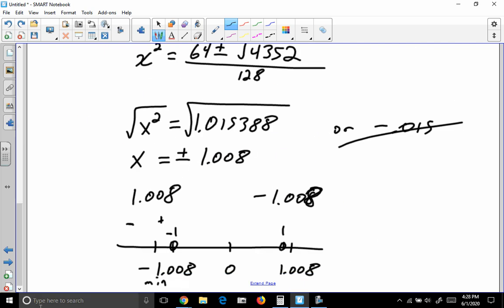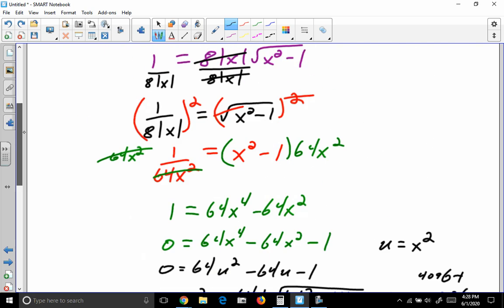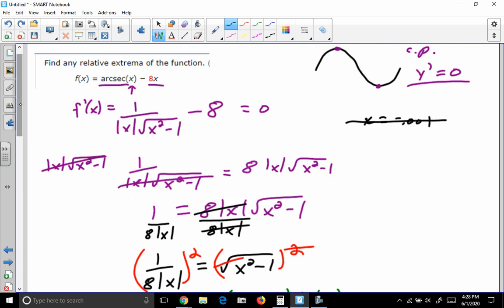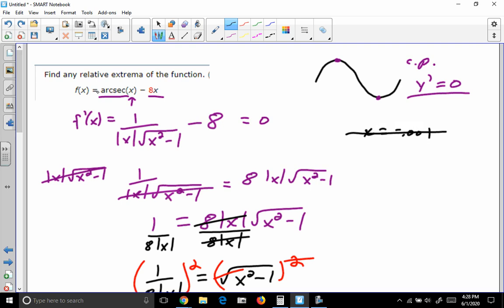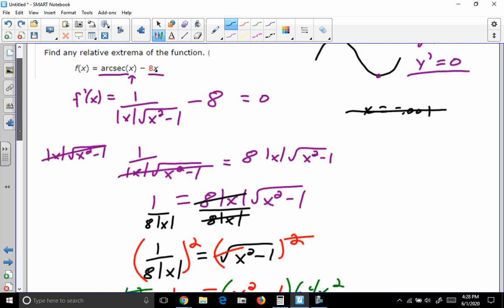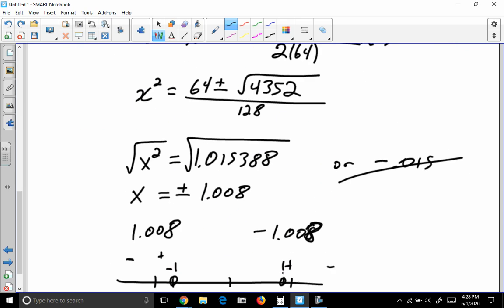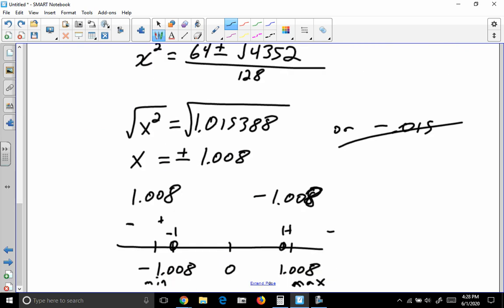But if we put a number out here to the right, we would be negative. In here, we would be positive. So if we're going up, then down, this is going to be a max here. Those are the x values. To get the y values, we need to plug them into our function. Well, let's do that with one of them. And I'll leave the other one for you.